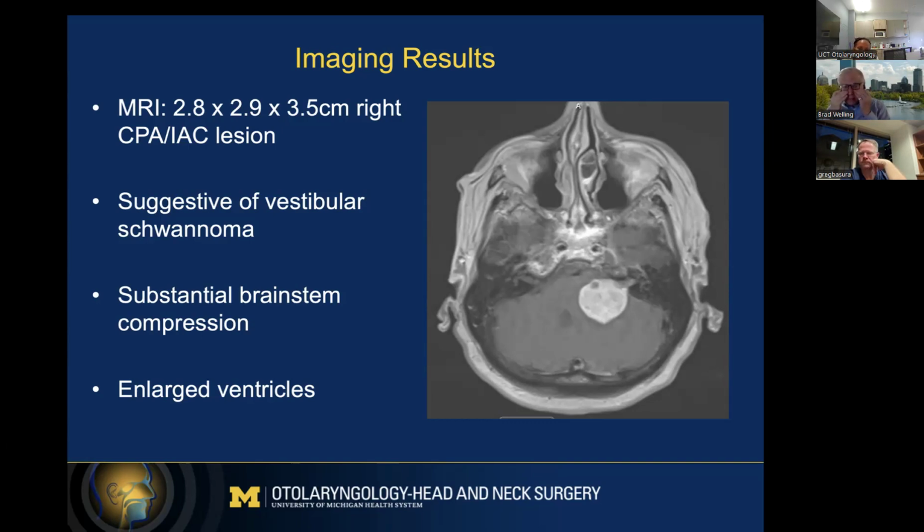The other thing is that meningiomas often have calcifications within them. The typical salt and pepper-ish appearance or presence of calcifications within the lesion would point to a meningioma versus a vestibular schwannoma.